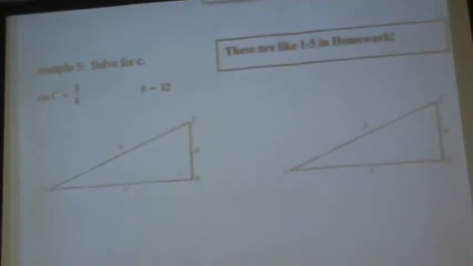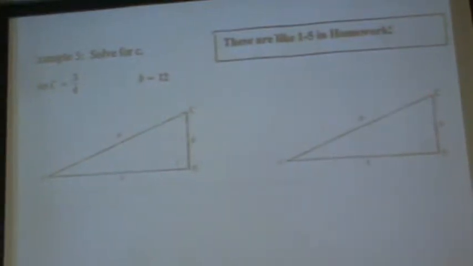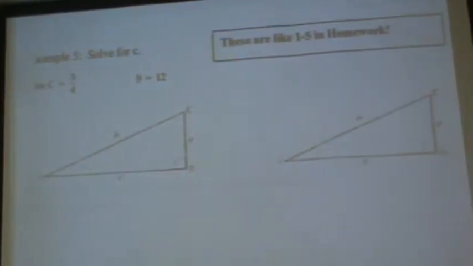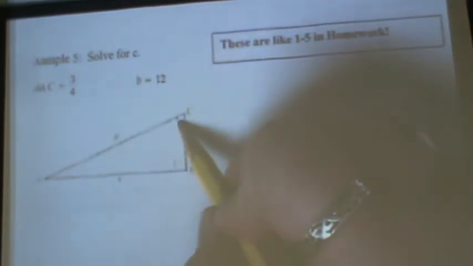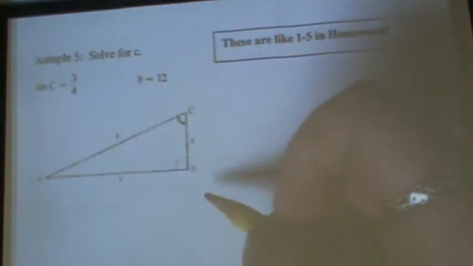So then going down to example 5. Now we're given that sine of angle C equals 3 over 4, and we're given B equals 12, and we're told to find C. So if we have sine of C, so angle C is right here, and we're told that sine of C equals 3/4.